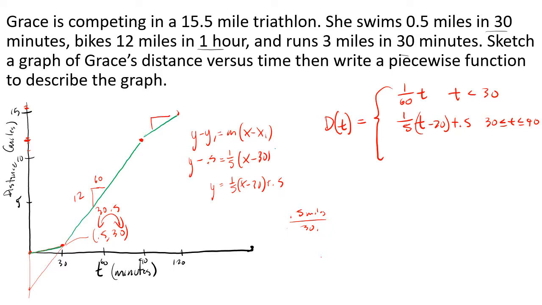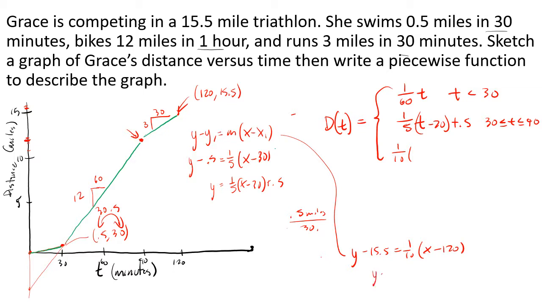And then finally, what's the rise over run of this? Well, this one, she went 3 miles in 30 minutes, so 1/10. This would be 1/10. And if we do the same thing where we figure out the points, let's say this point. This point is she's gone 120 minutes, 15.5 miles. So if I plug that into this equation, I'll have y minus 15.5 equals 1/10 times x minus 120.